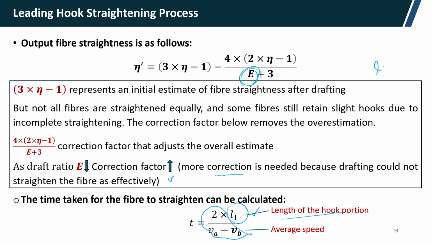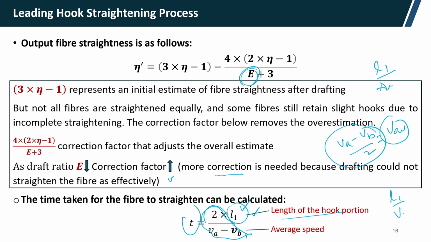So L1 by average velocity is the time taken. So the length of the hook portion divided by average velocity. What is average velocity? V A minus V B by 2. So L1 by V average is the time taken, which is shown here.